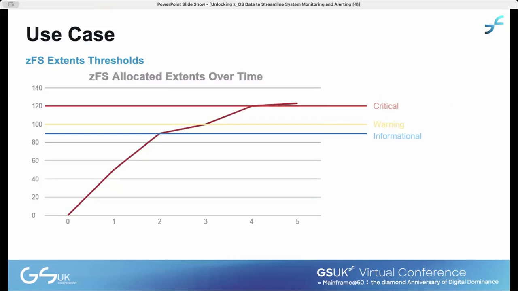And when it reaches 100 extents allocated on the volume, I want to get a warning. And maybe when it reaches 120 extents on a given volume, that's a critical alert because I only have 3 extents to grow on a given volume before I get an out of space condition. So how do I set that up in my rule? Next slide, please.